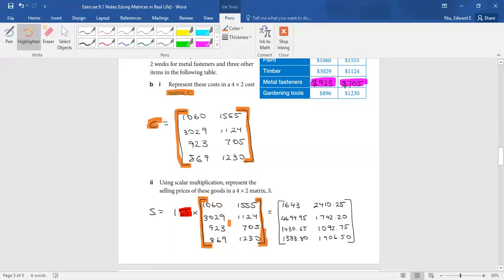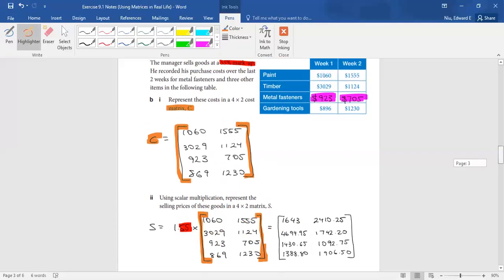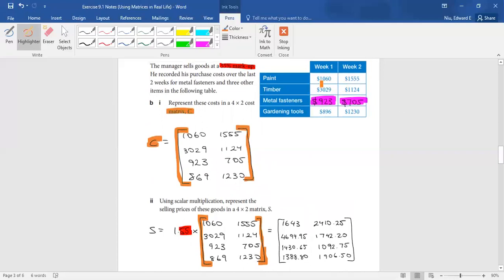Once you multiply the two together, you're going to get a new matrix. So if you put this in your CAS, for example, the top left, the paint that cost $1,060 in week 1, for them to make 55% profit has to be sold for $1,643.